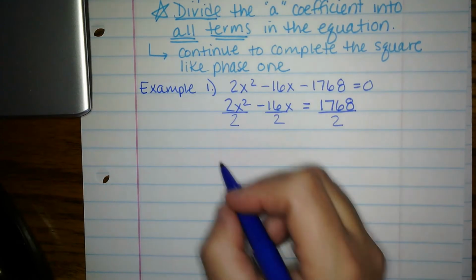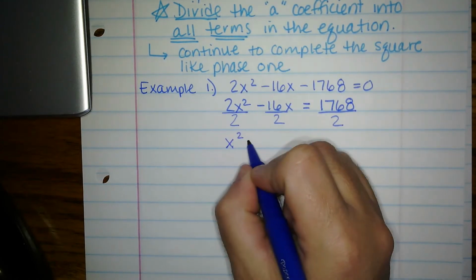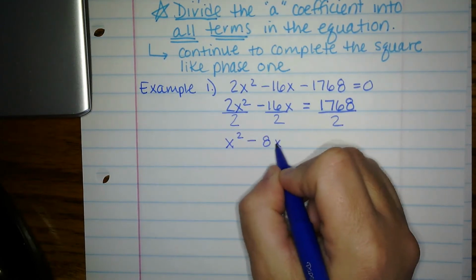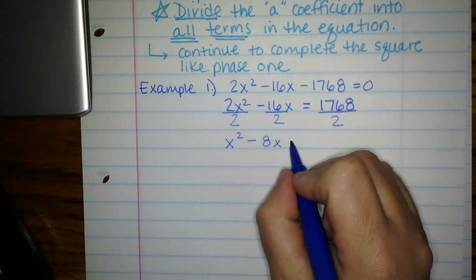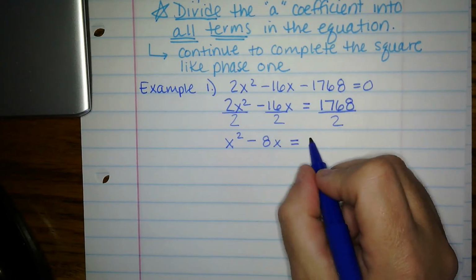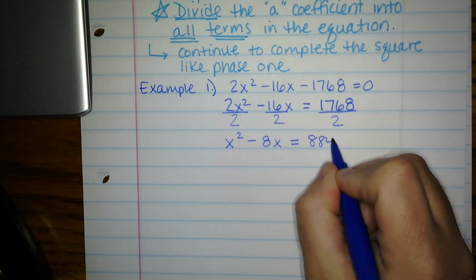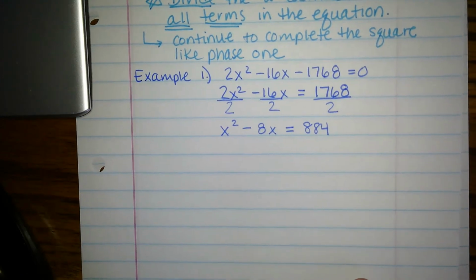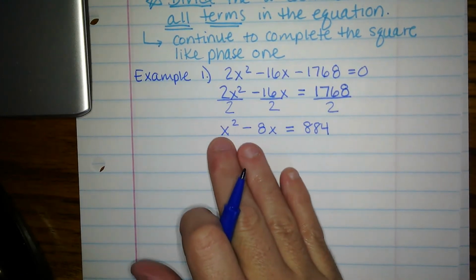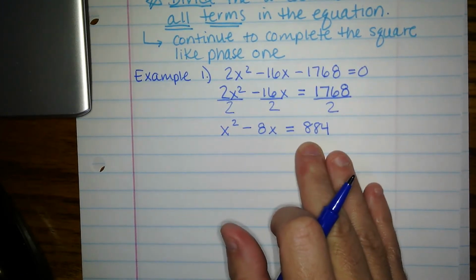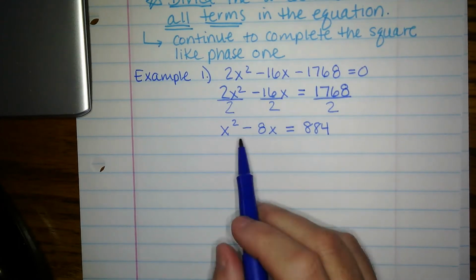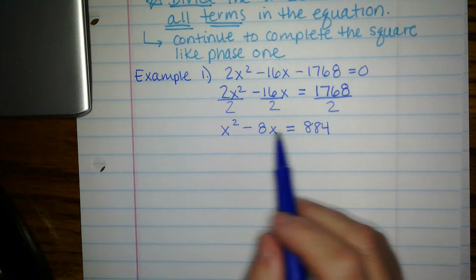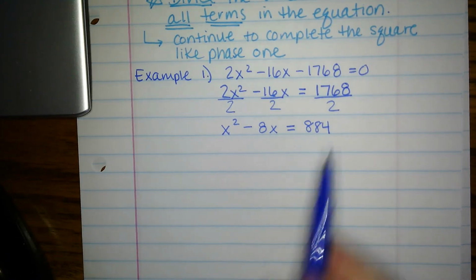And that means that when I divide, it's going to come out nice and pretty. x squared minus 8x equals 884. Okay, so this is now in the correct format, ready to do our complete the square method.